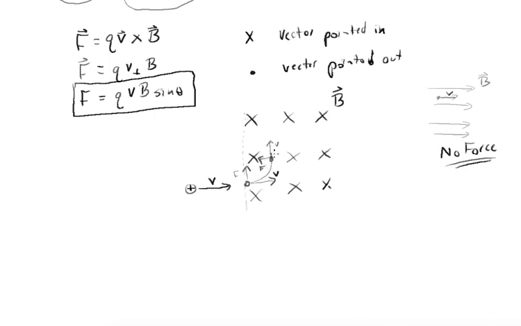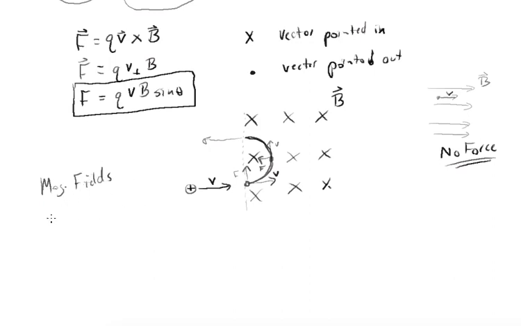So essentially, magnetic fields only supply centripetal forces. They don't supply any other kind of thing, and then this would come back out of the field. If the field region ended there, it would just turn it around.